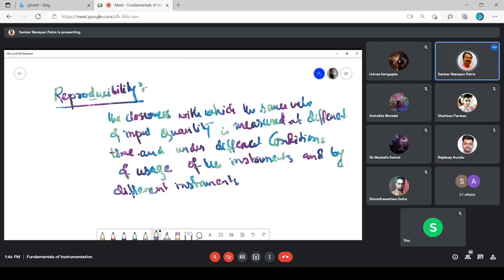The closeness with which the same value of an input quantity is measured at a defined time and under defined conditions. Earlier we considered the same condition. Defined conditions, use of instruments, and defined instruments. So there is a certain difference between reproducibility and precision.